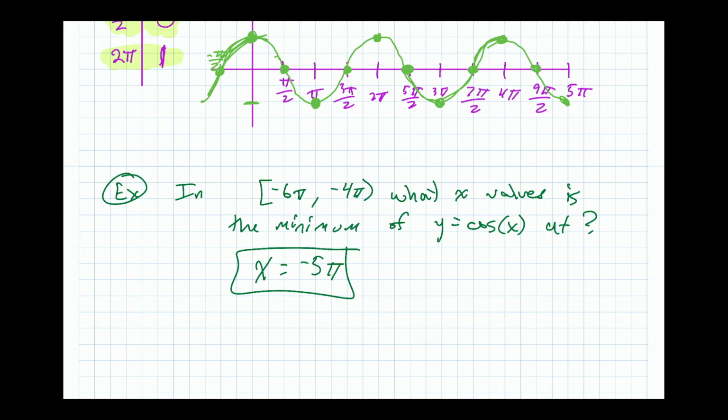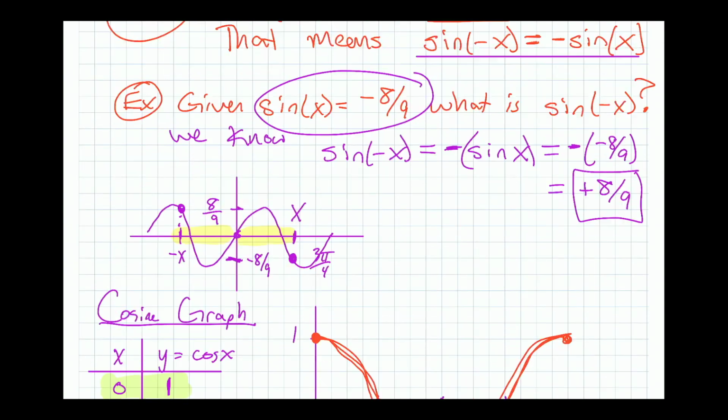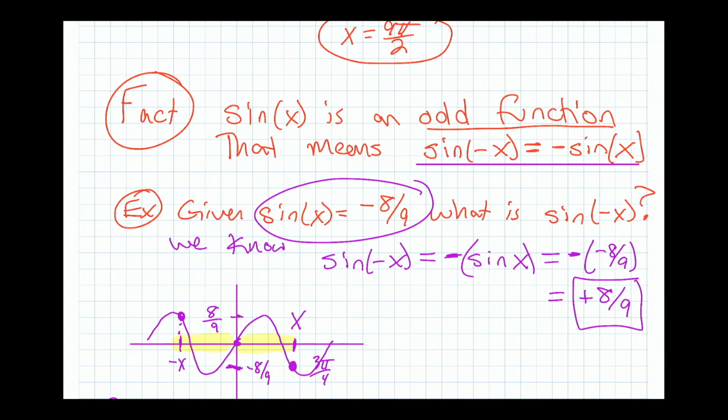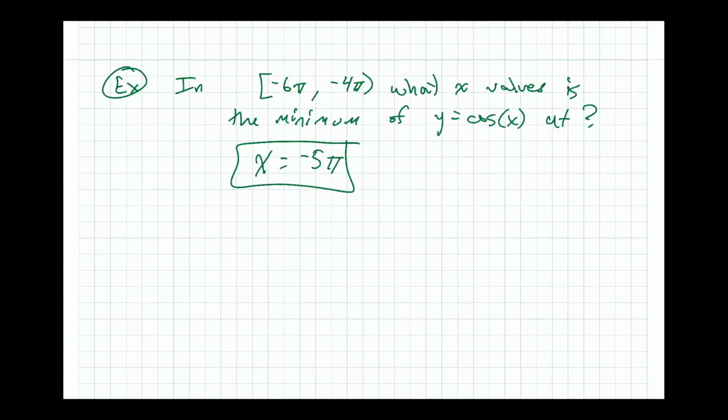Okay. Now, another thing you can do is we can solve the equivalent of this question, right? So how I said sine x is odd, and that means sine negative x is negative sine x. Well, there's an equivalent for cosine. The equivalent for cosine is this.